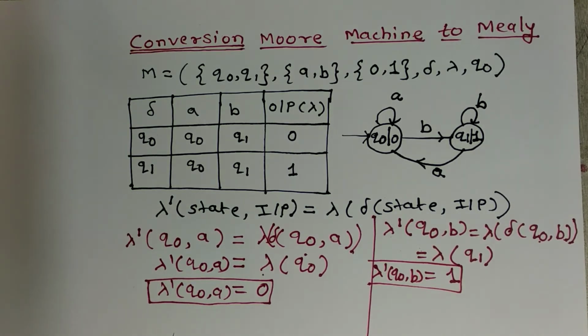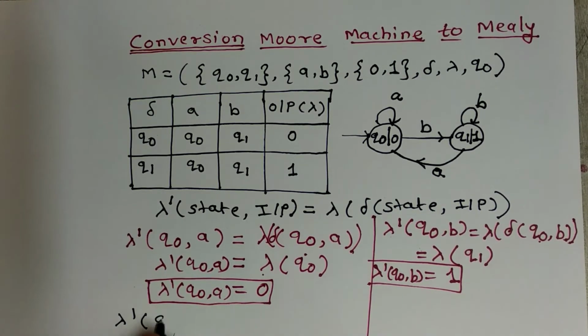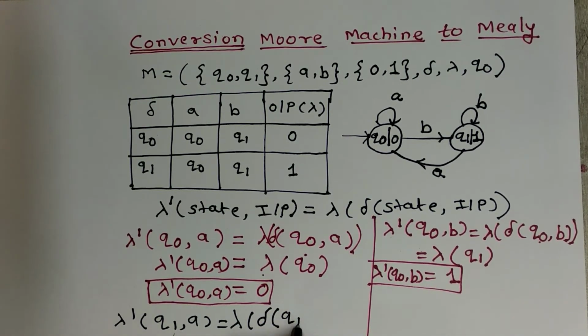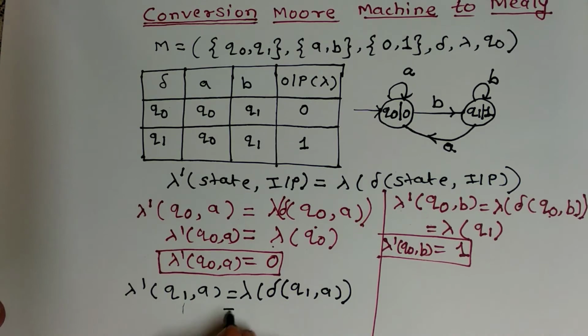Now the next task is to calculate lambda dash of Q1 comma A, which is lambda of delta of Q1 comma A. Delta of Q1 comma A means Q1 by taking A goes where?